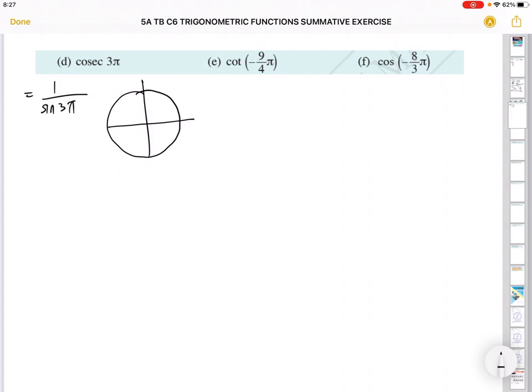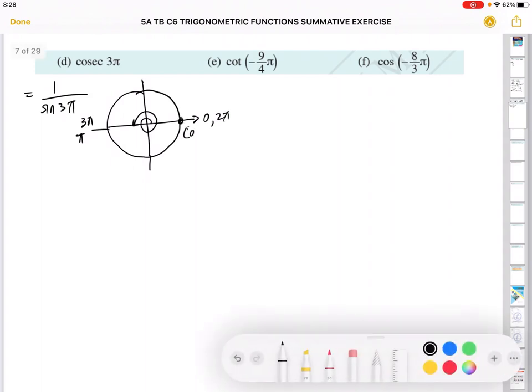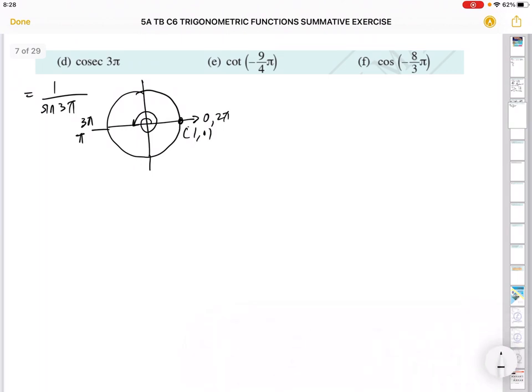So this is 0. This is 1 pi. Now go 1 round, the second round is 2 pi. Yeah, I'm going like this, 2 pi. Then 3 pi would be right here. Correct. And this is (1, 0). This is (0, 1), (-1, 0), and (0, -1).